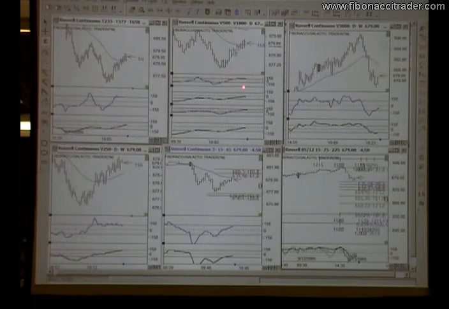This may never set up, but we have the time to wait to get back in with the trend. And also, what we have is resistance. So that's more fuel to say that that long will fail.